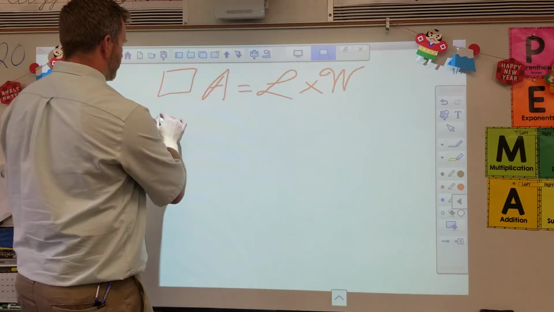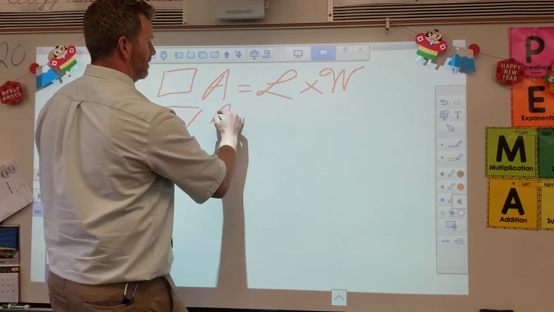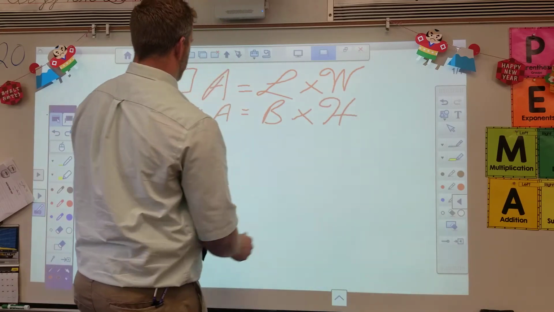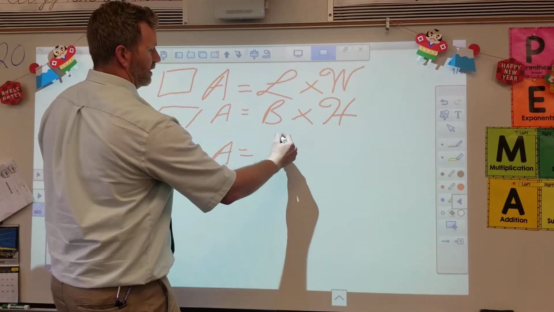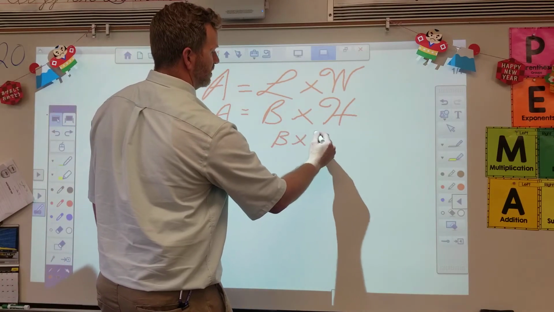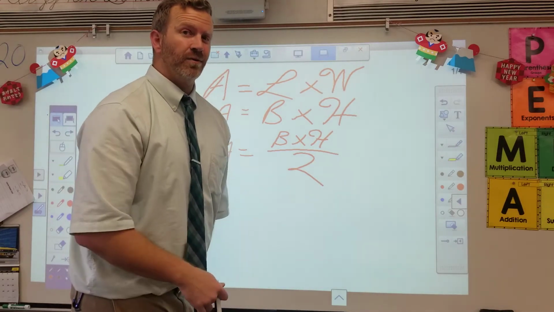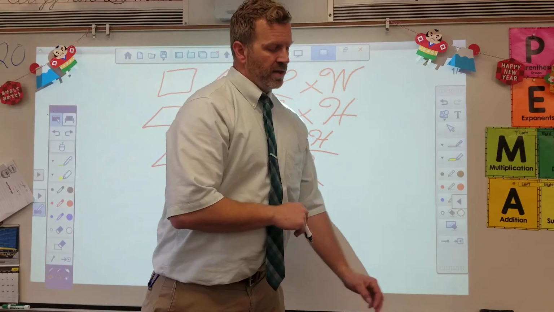If it's a quadrilateral that looks like this, area is going to be your base times your height. And for the area of a triangle, that's your base times your height, but remember, we're going to divide that number by 2. I know there's at least 2 or 3 problems like that in the book.